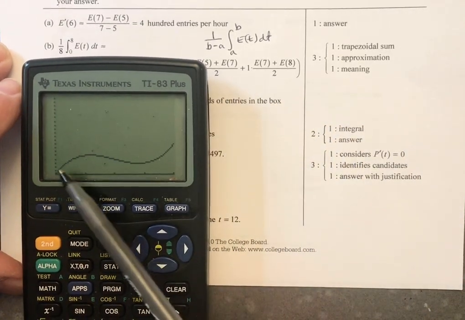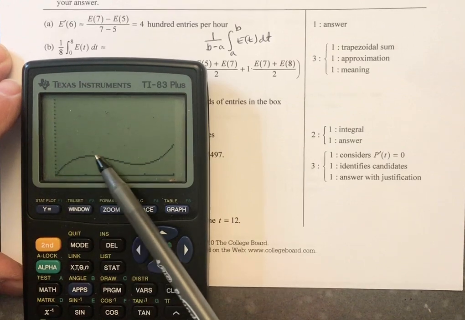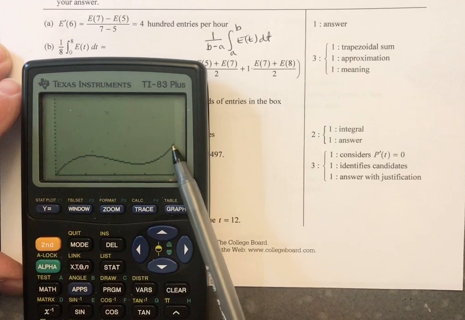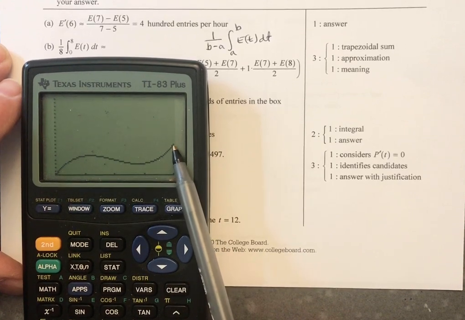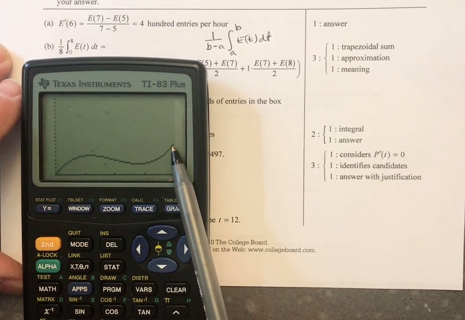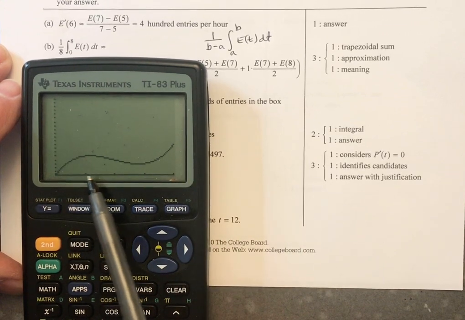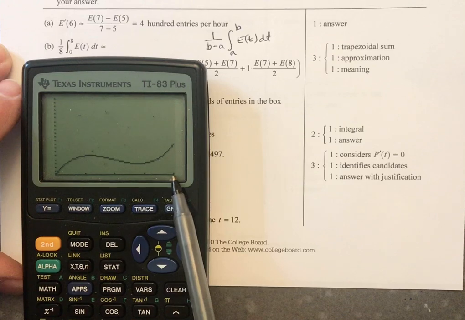If you look at this graph of the rate, you can see right away that the rate has a maximum value at 12. So this is at 8, 9, 10, 11, and 12.